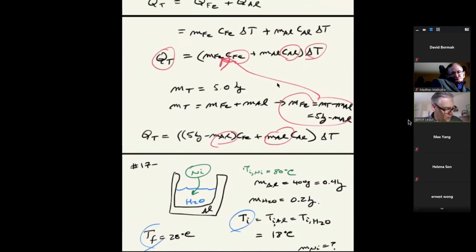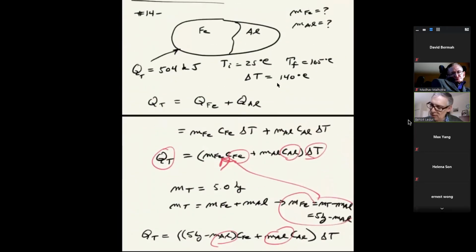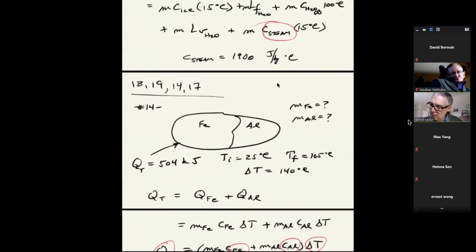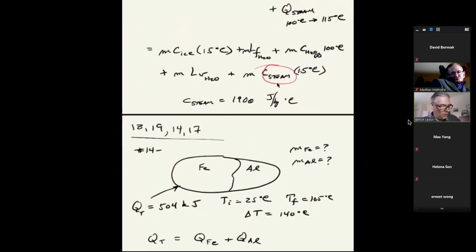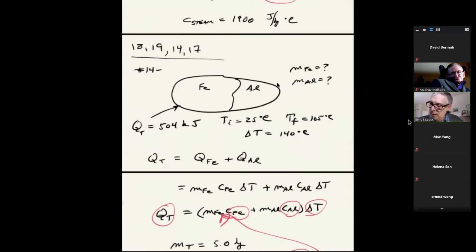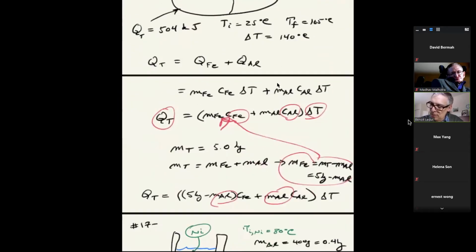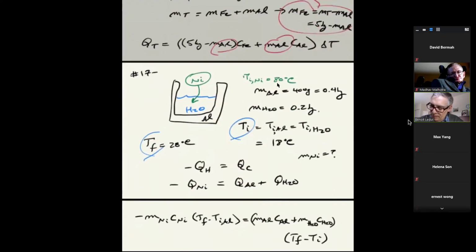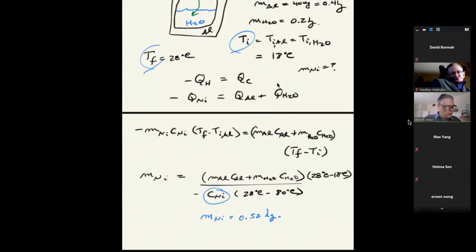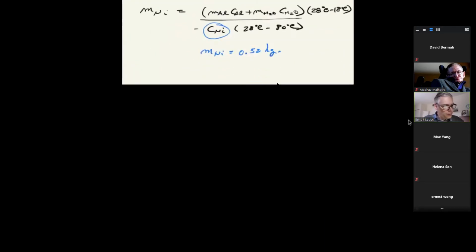So 18, 19. All right, so let's look at 18. Okay, ice cube.